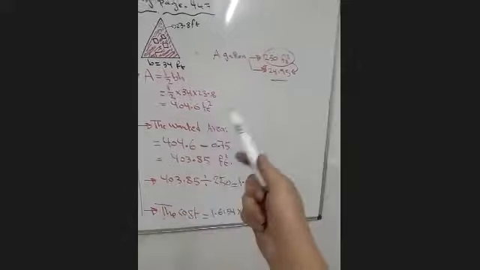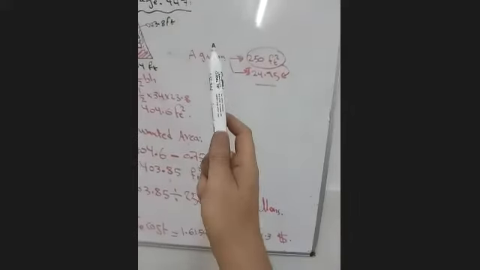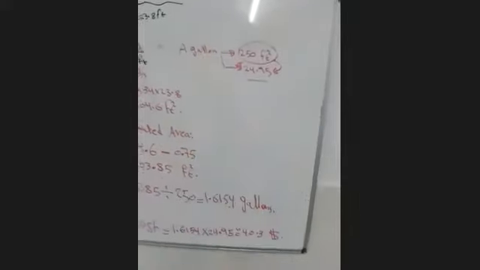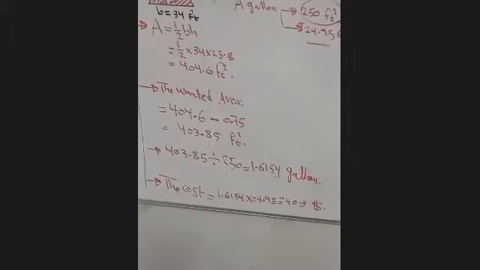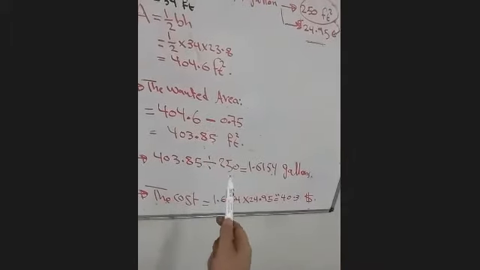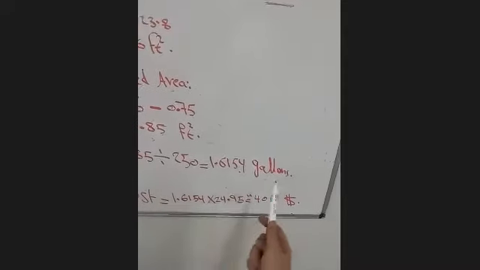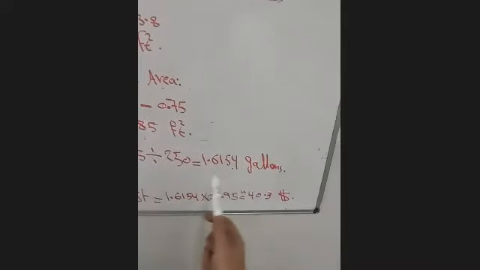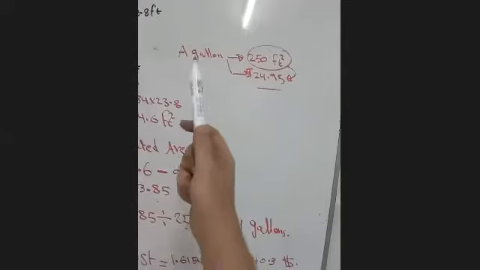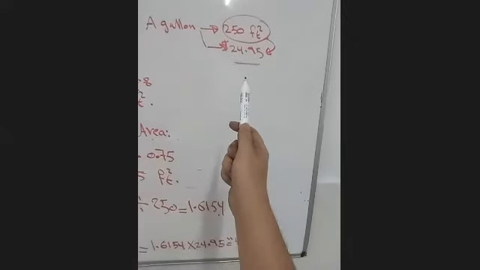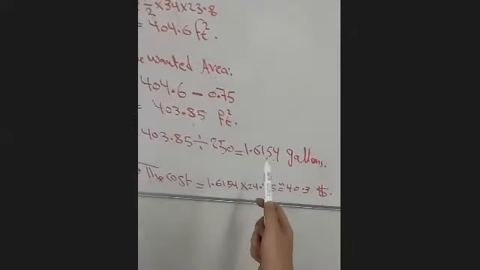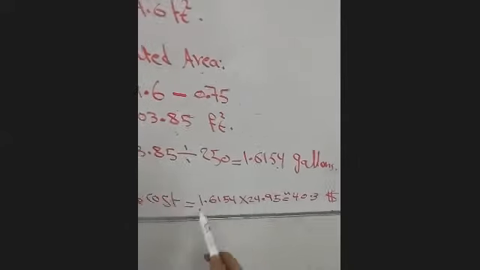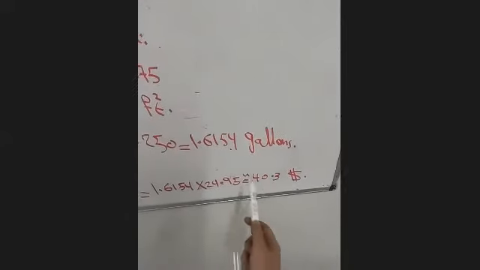Next, the question told us that each gallon covers 250 square feet. So here I need to divide by 250 to know how many gallons I need for this amount of painting. Each 1 gallon costs this number of money. So I multiply the number of gallons with the cost of each gallon to know the total cost. I rounded it.